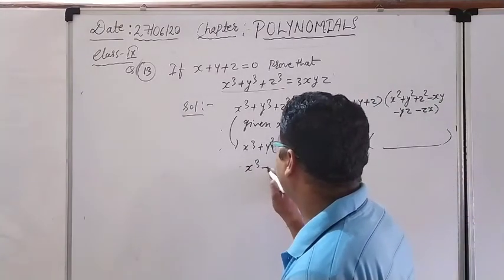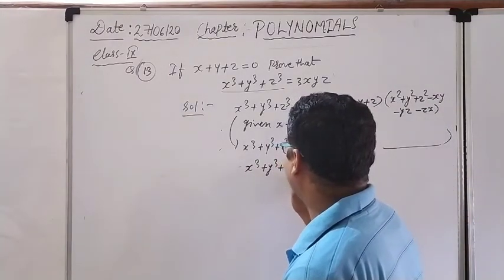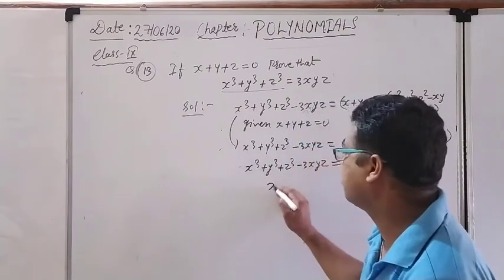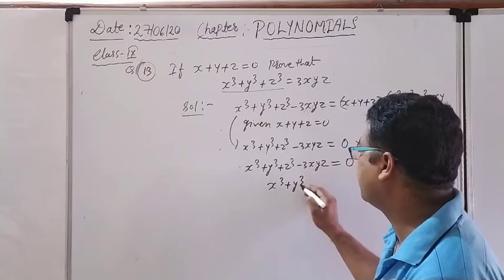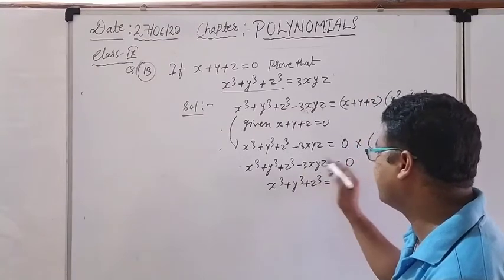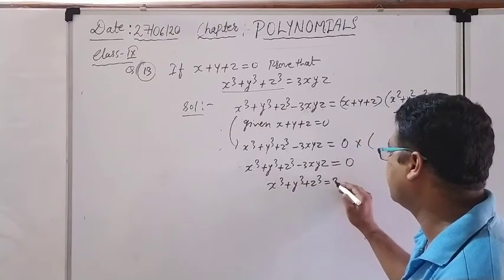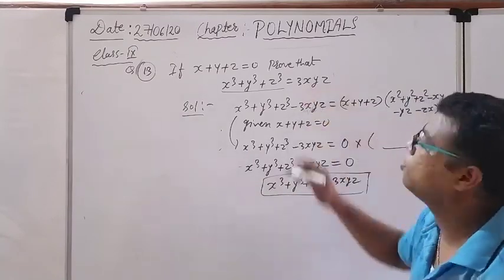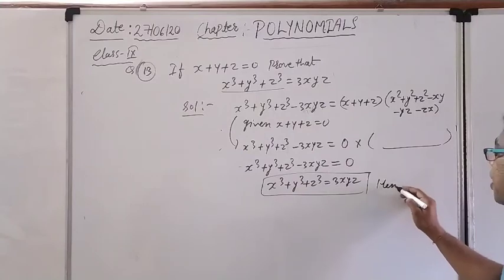Right now see, x cube plus y cube plus z cube minus 3xyz equals 0. And from here you can understand x cube plus y cube plus z cube can be written as 3xyz, it will be transferred there, so it will be converted into the positive sign, and that was the requirement of the question. So from here I will write down as proved.